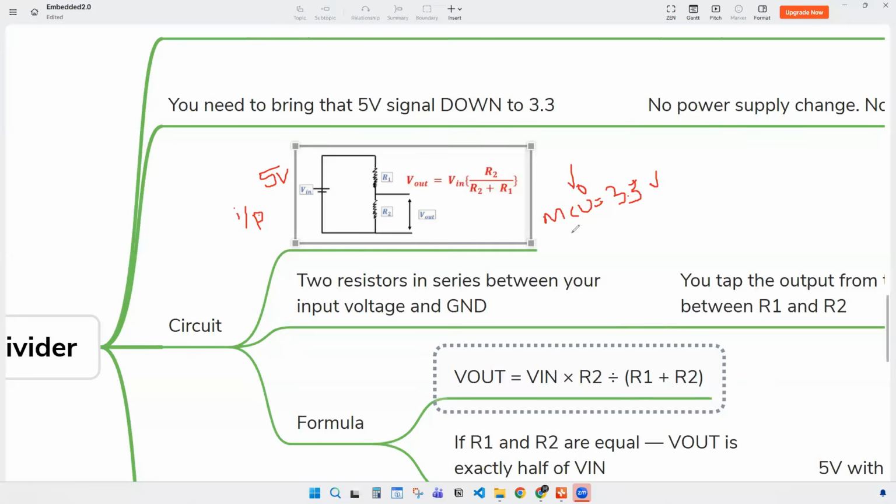So we will build this kind of voltage divider circuit using two resistors. And the ultrasonic sensor needs 5 volts.